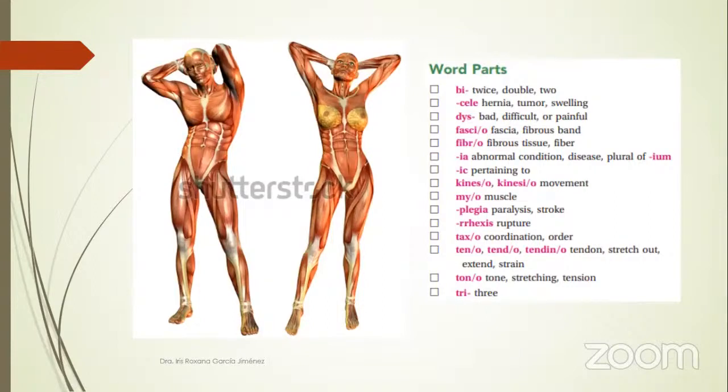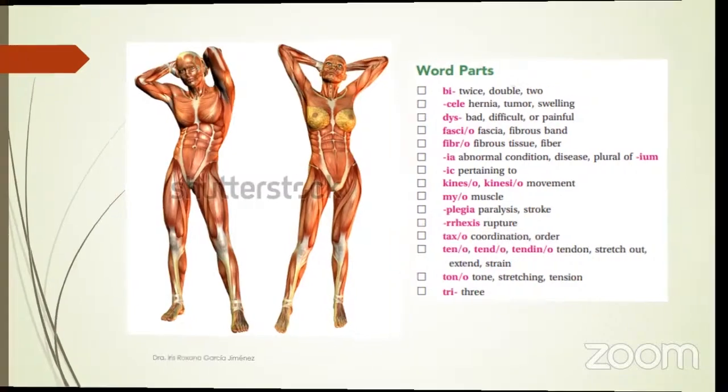Word root tax and taxo: coordination, order. Word root teno, tendo, tendino: tendon, stretch out, extend, strain. Tono: tone, stretching, tension. And the prefix tri-, that is three, right? So take it in account.